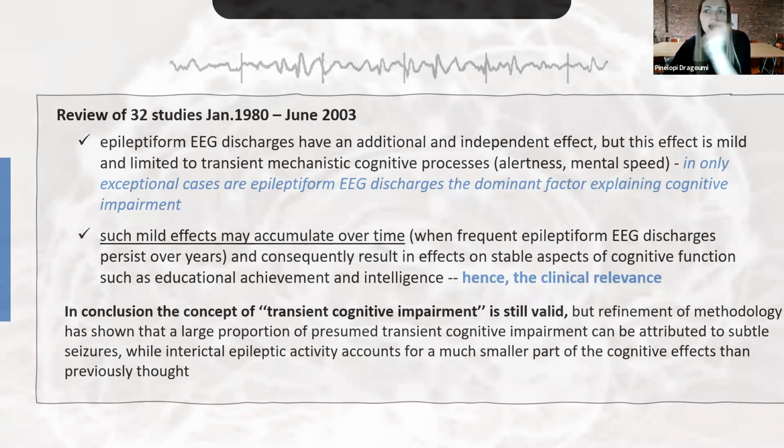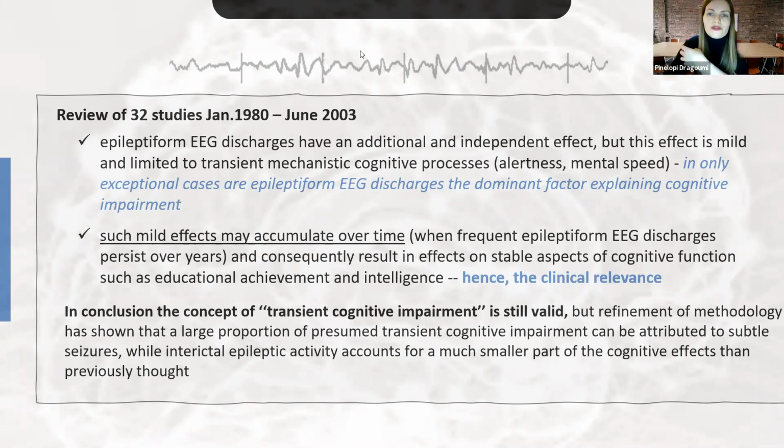And now we know that the epileptic discharges without seizures, the ones that we call subclinical, do have an additional independent effect on cognition, but this is mostly transient. And only in exceptional cases we can say that the epileptiform discharges are the dominant factor that explain a cognitive impairment. But it has actually been shown that such mild effects can accumulate over time.